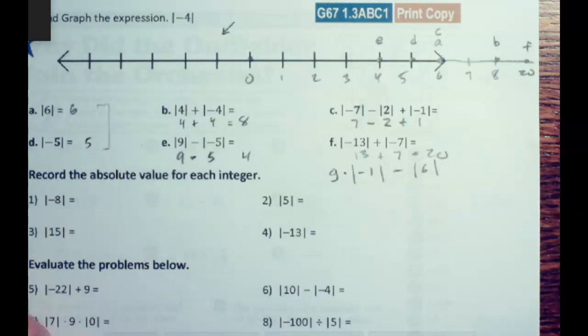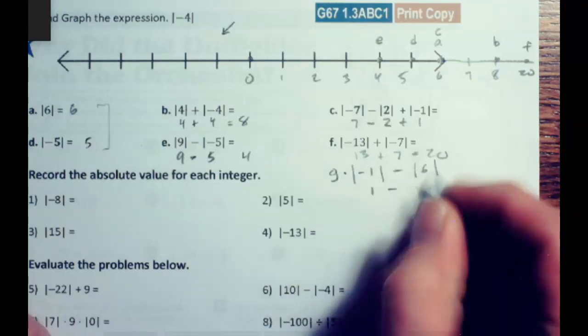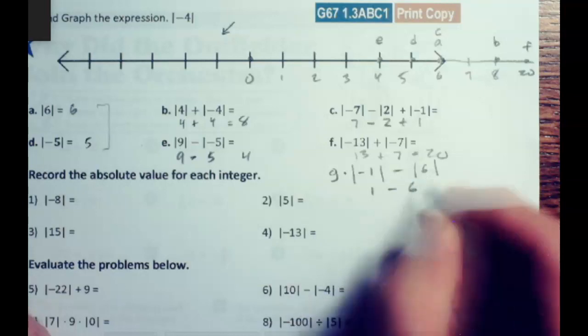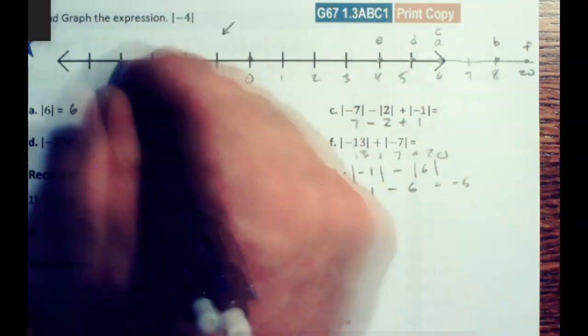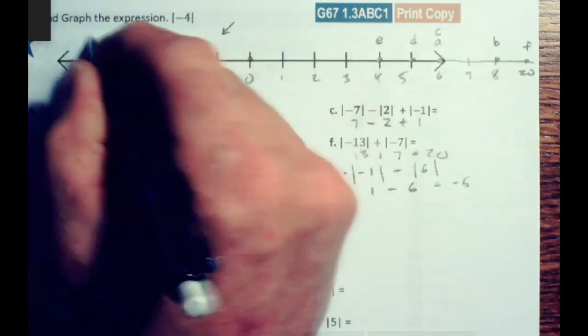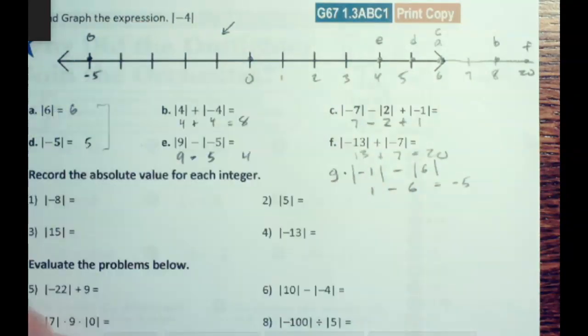Well, the absolute value of negative 1 is 1, minus 6 is going to be negative 5. It's going to equal a negative 5. And so G could have been 1, 2, 3, 4, 5, over here too. Okay, so it doesn't exclude it. Just weren't any in this example.